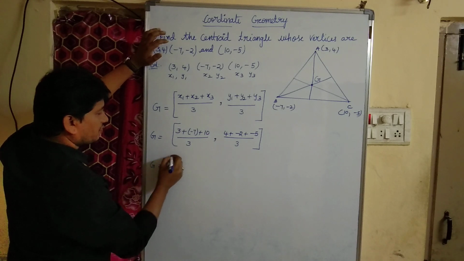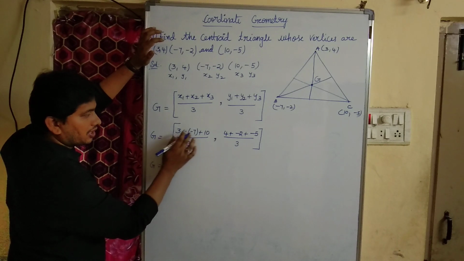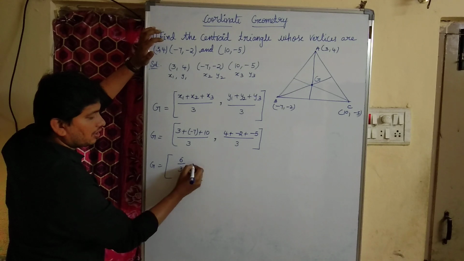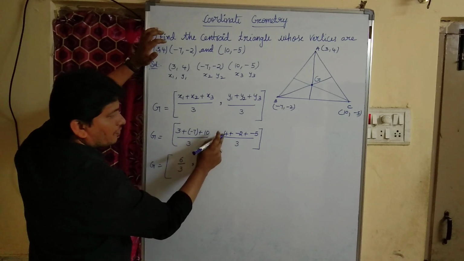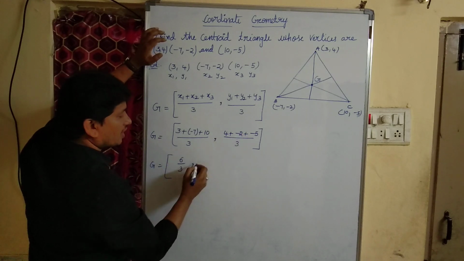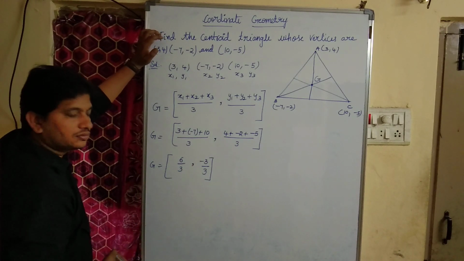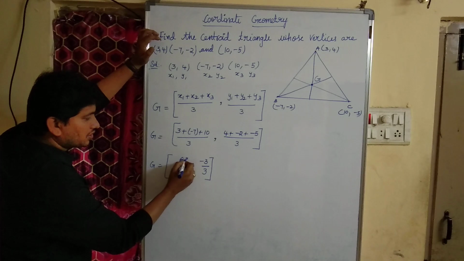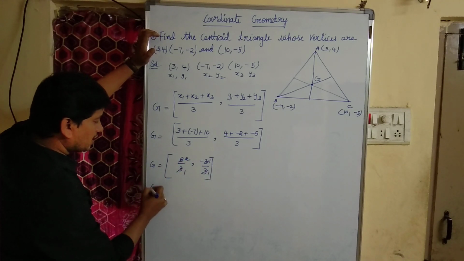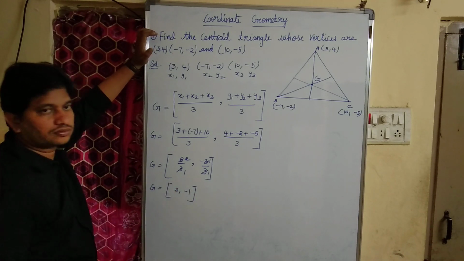So centroid G equal to 10 plus 3, 13, 13 minus 7 is 6, by 3, comma, 4 minus 2 minus 5 is -3, divided by 3. So the centroid is G equal to (2, -1).